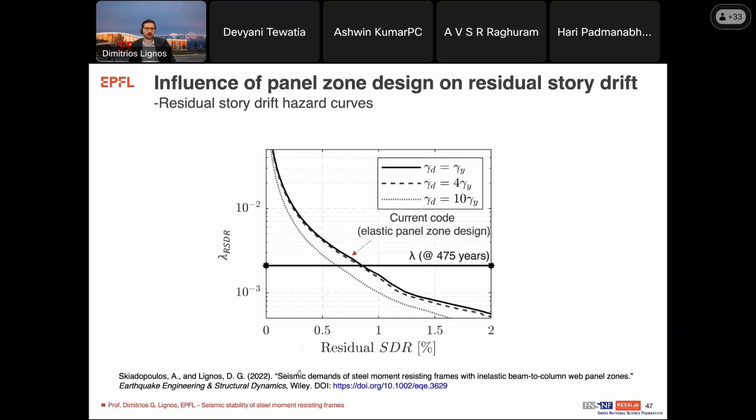Moreover, for those of you who are doing work on demolition or demolition after earthquakes, one of the aspects that we pay attention to is what we call residual story drift after an earthquake.